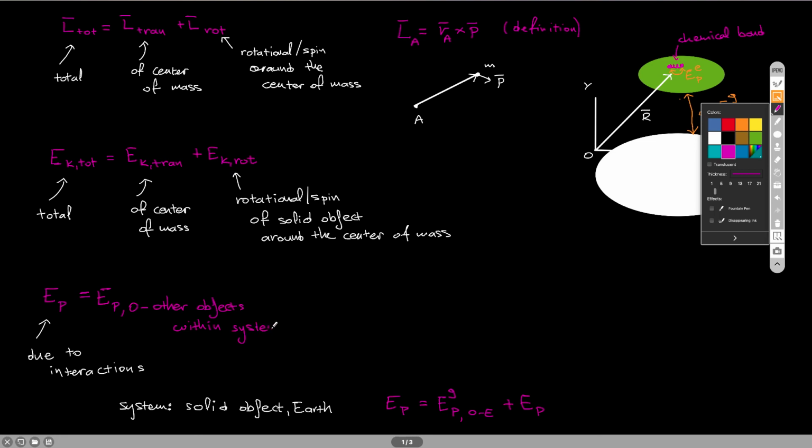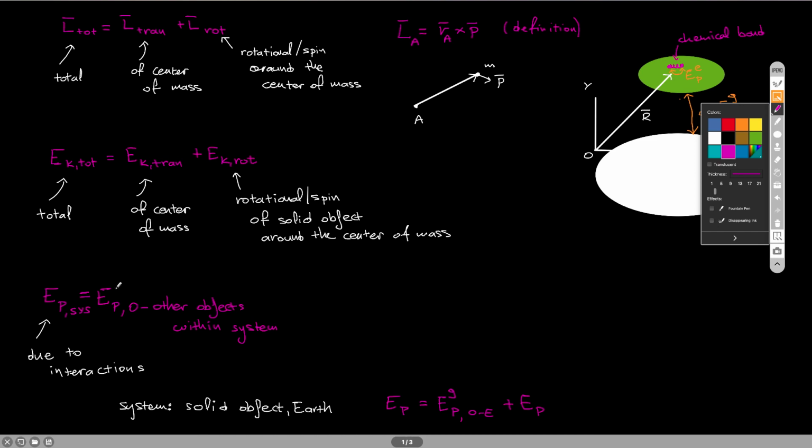Okay, when you use energy, and in particular energy conservation, you have to define what your system is. Whether you use Newton's second law, angular momentum, torque, or energy conservation, you have to define your system. And whenever you calculate the potential energy of a system, you can calculate that as a sum of two terms.